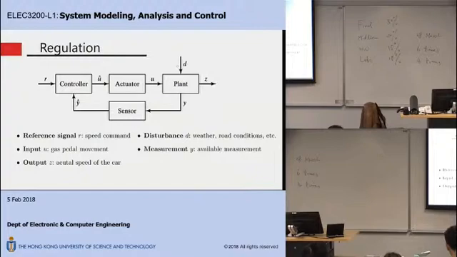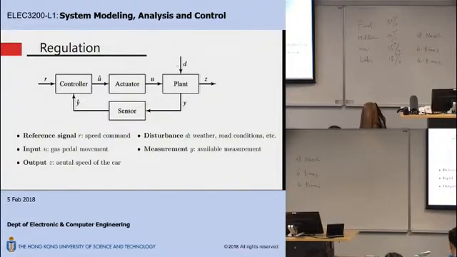Right? So you have two pieces of information here. If you look at the information flow, it goes from here to there, and also from here to there. So you have two parts here.